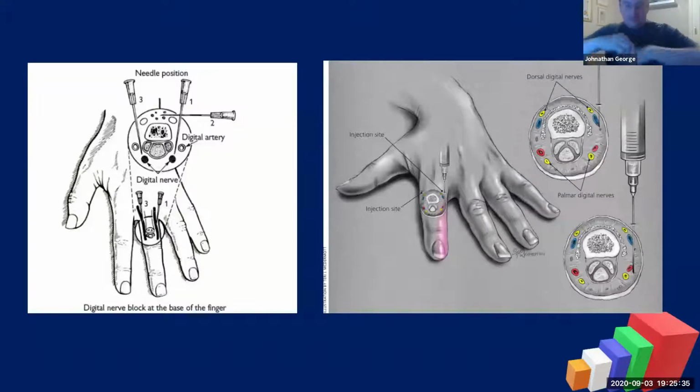So I'm injecting further back, it's in between the bones, and the volume is pretty similar when I inject on those. And again, check for sensation. Any other questions?